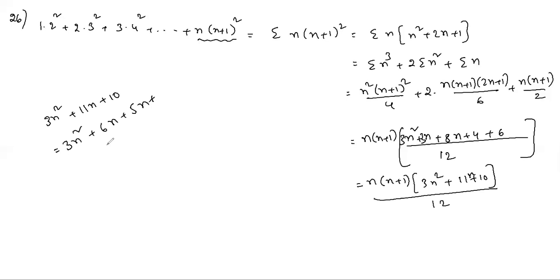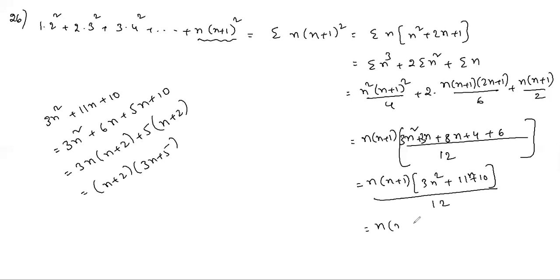So 3n common, (n plus 2), plus 5 common, (n plus 2). So the factors are (n plus 2) into (3n plus 5). So it equals n into (n plus 1) into (n plus 2) into (3n plus 5) by 12. This is the first one.